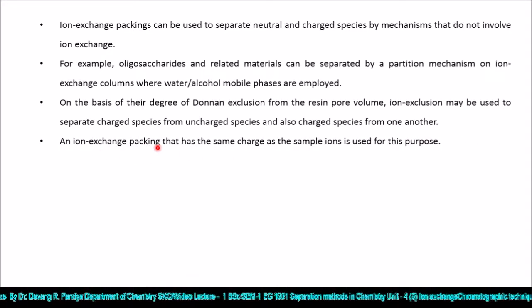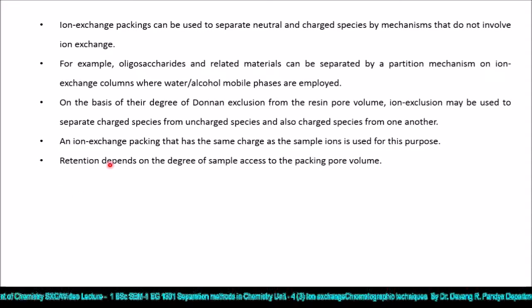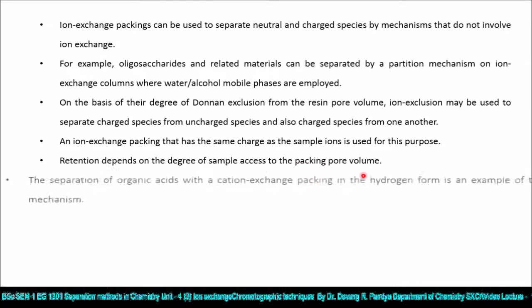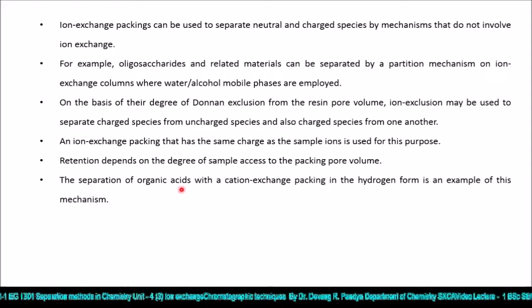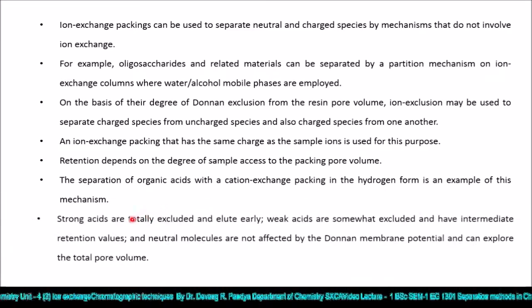An ion exchange packing that has the same charge as the sample ions is used for this purpose. Retention depends on the degree of sample access to the packing pore volume. The separation of organic acids with a cation exchange packing in the hydrogen form is an example of this mechanism.